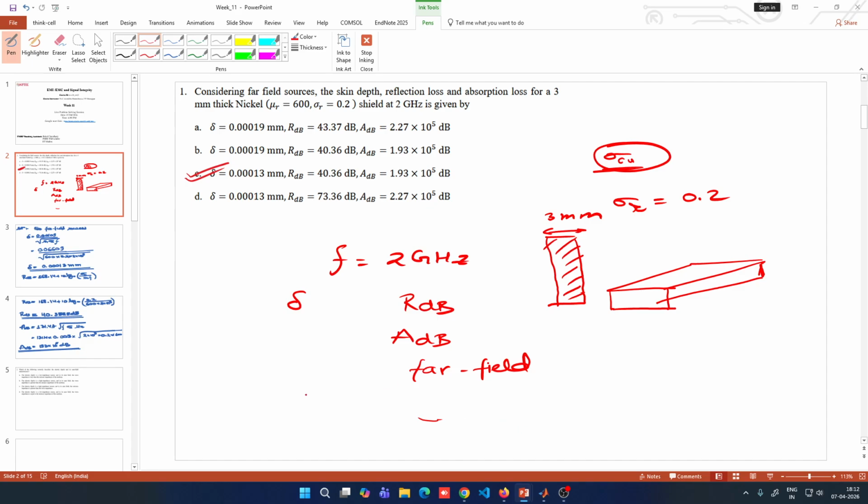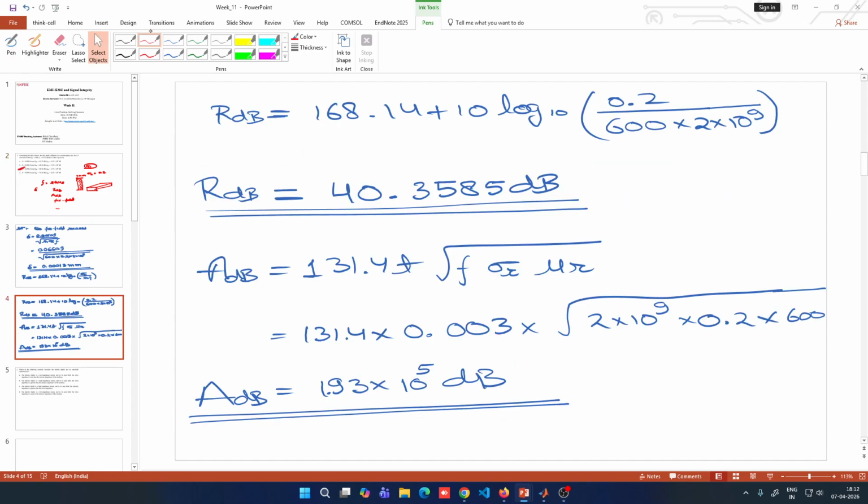I hope this question is clear, because it's just directly the formulas that we have to use.